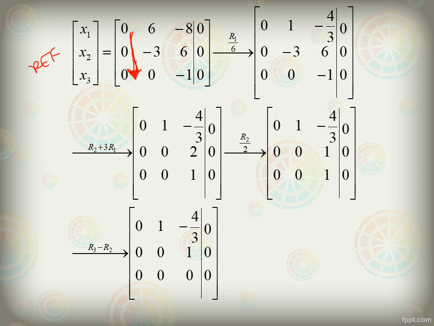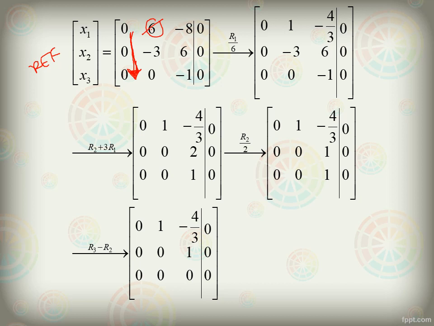Once you make sure that all the bottom part here is zeros, you go to the next element. We must settle the first row first. Make sure this one becomes 1.